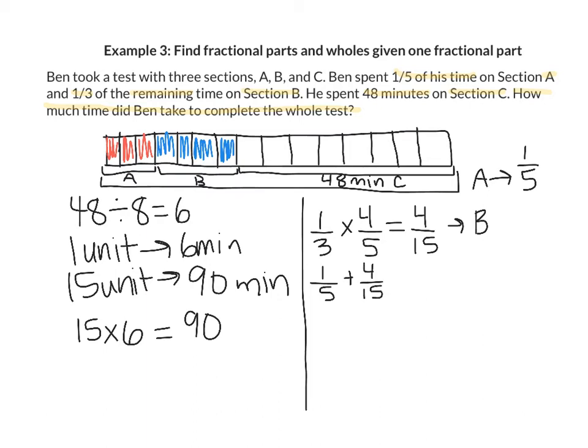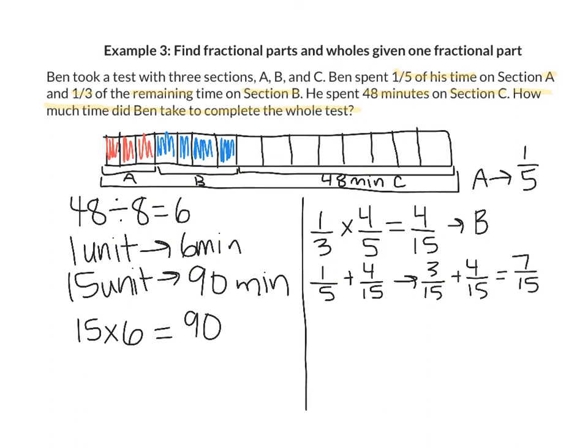We need to find a common denominator, which will be 15. So we're going to multiply both 1 and 5 by 3. So that becomes 3/15 plus 4/15, which is equal to 7/15.